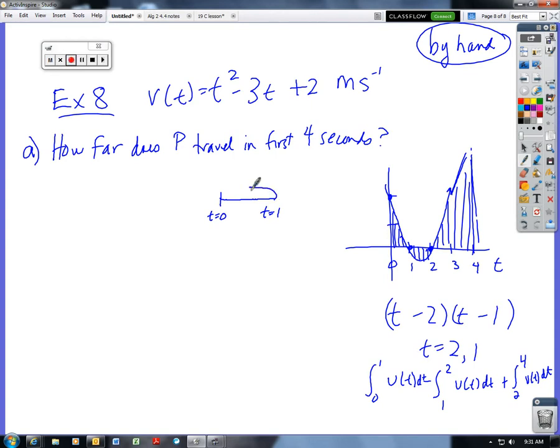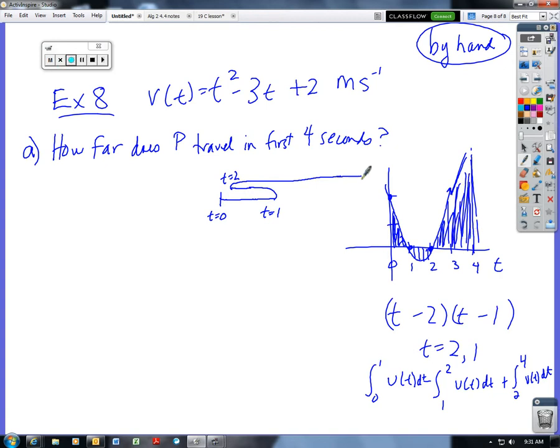And by the way, you can tell how far it goes by the area under the curve. This first triangular area is slightly bigger than the 1 to 2 area, it looks like to me, so it's probably not going to go back all the way. At t equals 2, it's somewhere here. Then it's going to turn back around and go to the right quite a bit, because this area from 2 to 4 is quite large.